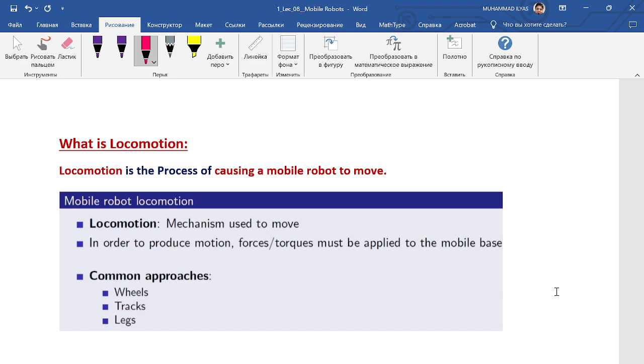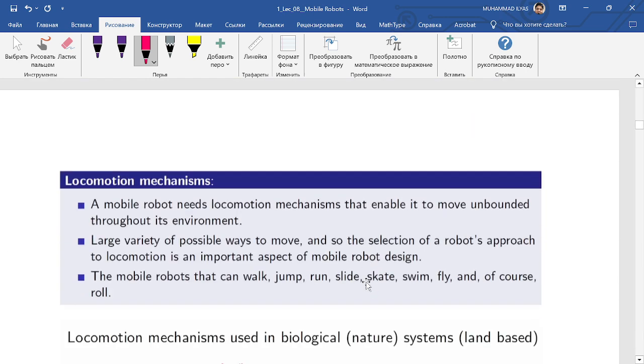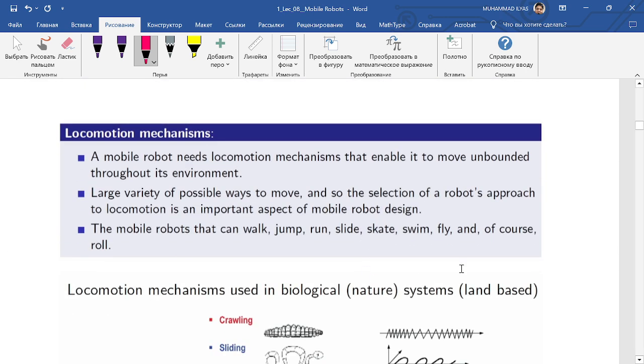For that, we need to attach locomotion. There are different options, depending on our task at hand and which application we are designing our mobile robot for. It depends on what type of locomotion we should add.